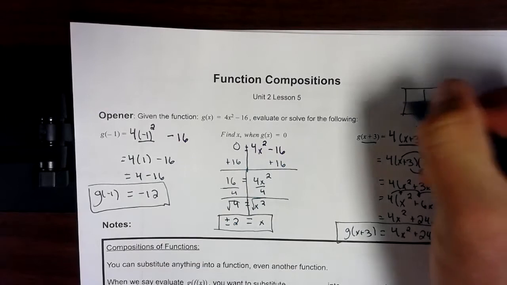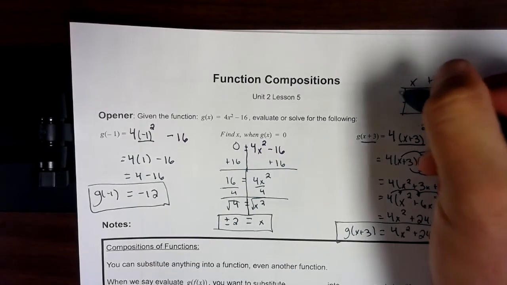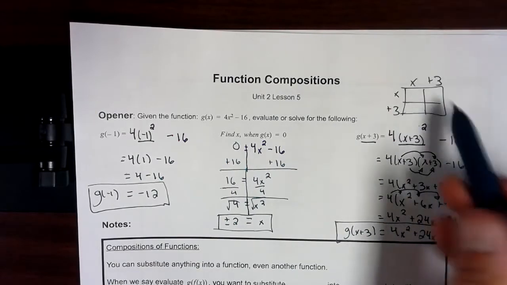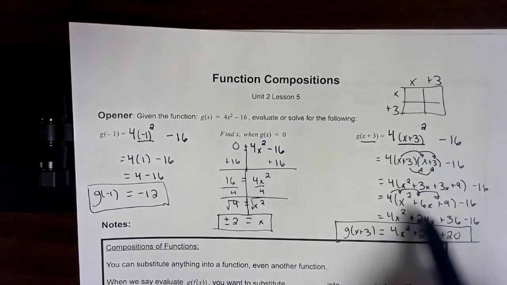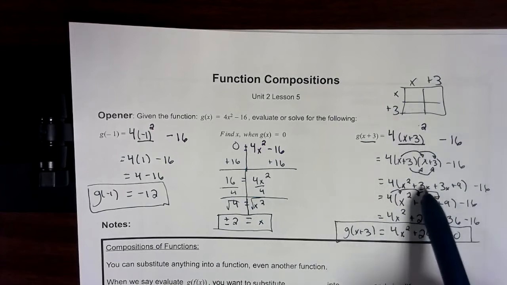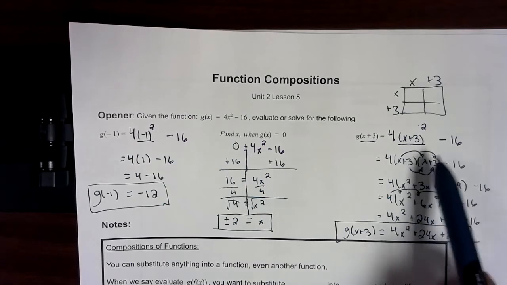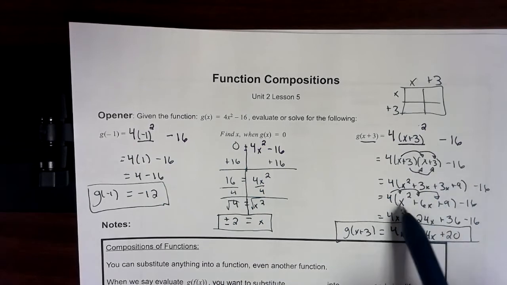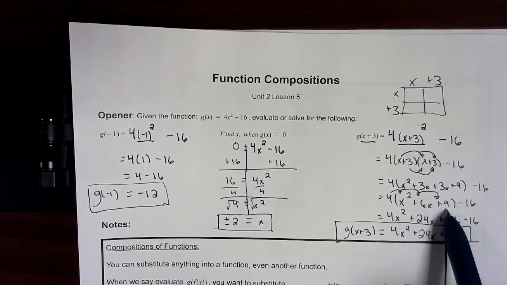So if you needed a box, no problem. It's just x plus 3, and that takes care of all your multiplying so that you end up with x squared plus 3x plus 3x plus 9. Those would be all your insides. After I add the 3 x's, that gets us to 6x. So x plus 3 squared is equal to x squared plus 6x plus 9.